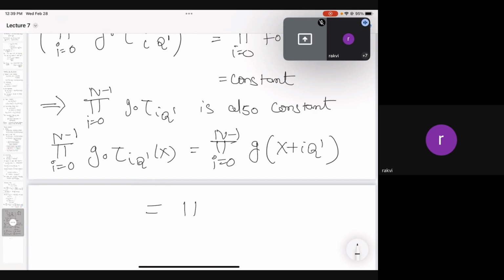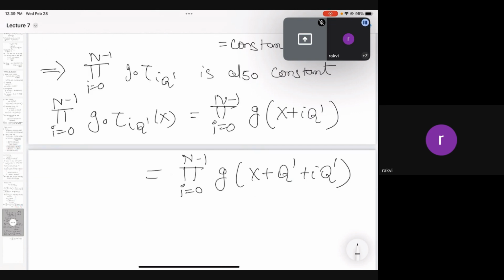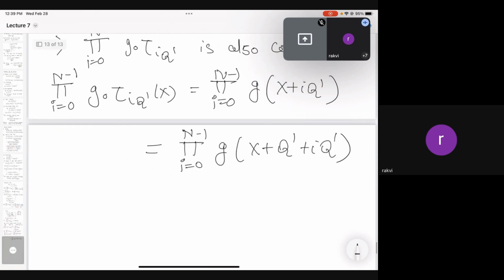So this must be the same as the product over i from 0 to n minus 1, where instead of x, I take x plus q bar. And now if these two products are the same, there must be some cancellations. There are a lot of cancellations actually. So just to write in a cleaner notation, this is x plus i plus 1 times q bar.